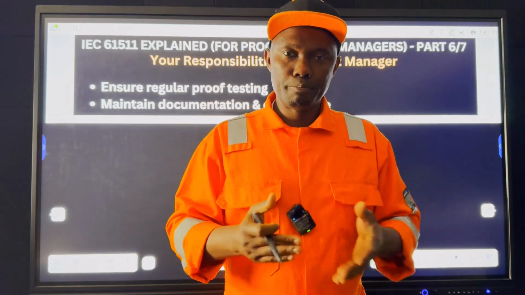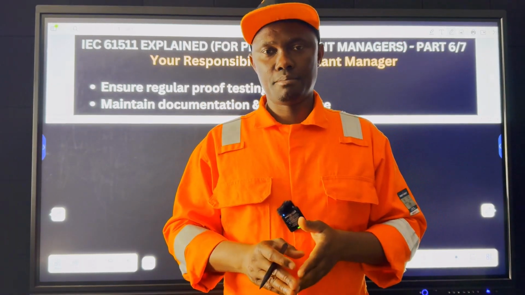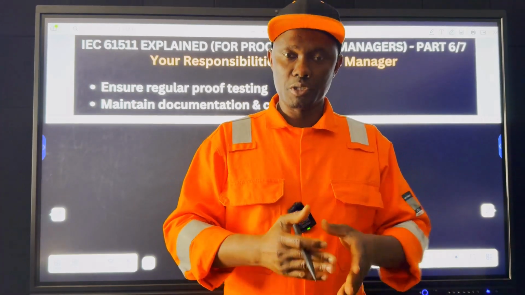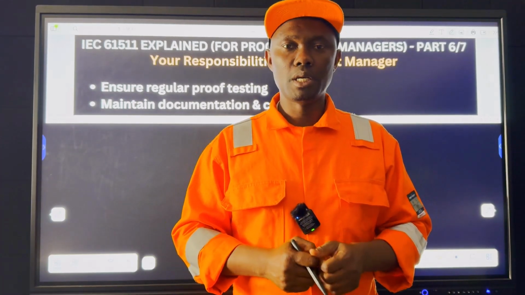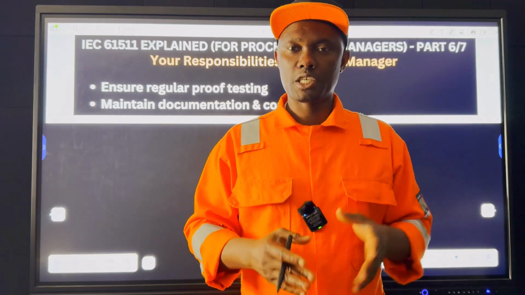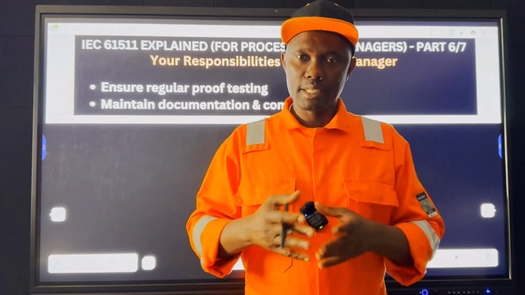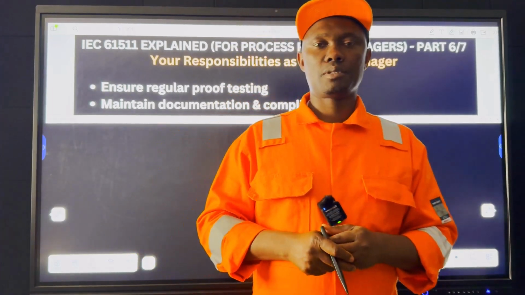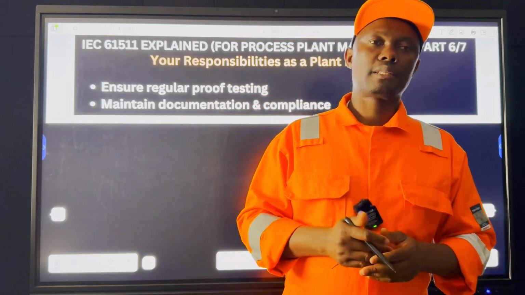Then there has to be impact analysis, because you need to know the impact of the modification you want to do on your SIS, your safety instrumented system. You need to know the impact of that modification to the safety system and the systems that are related to the safety instrumented system, okay? You need to know the impact.